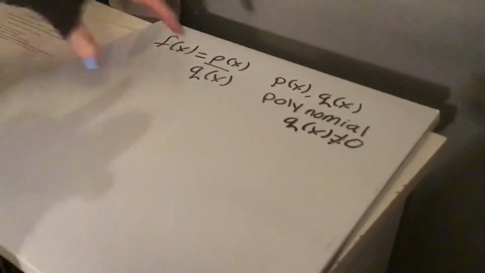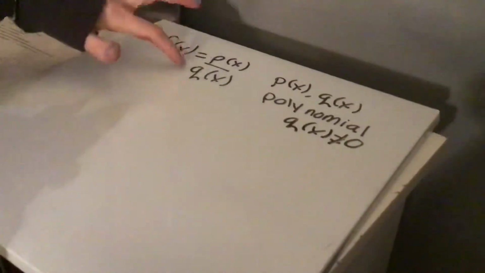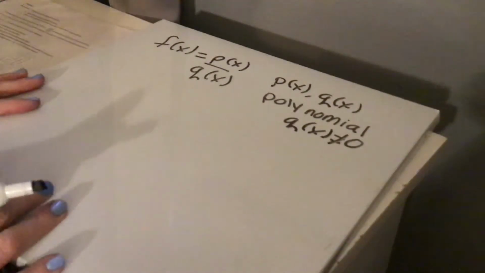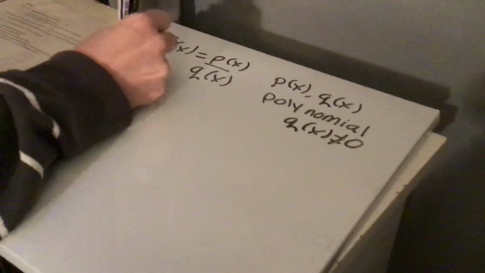For simple rational functions, both the numerator and the denominator are going to be linear. Rational means can be written as a fraction. So the most basic simple rational function is f of x is equal to 1 over x.